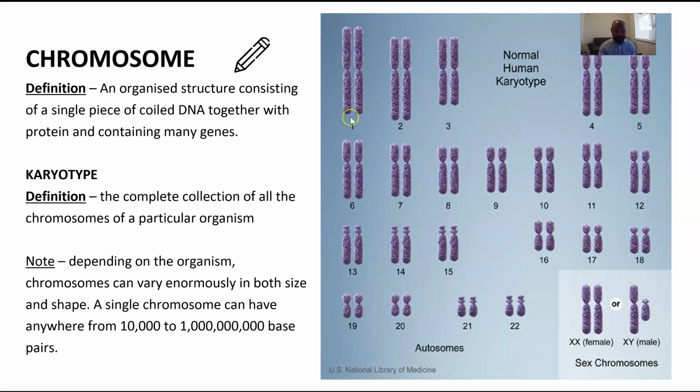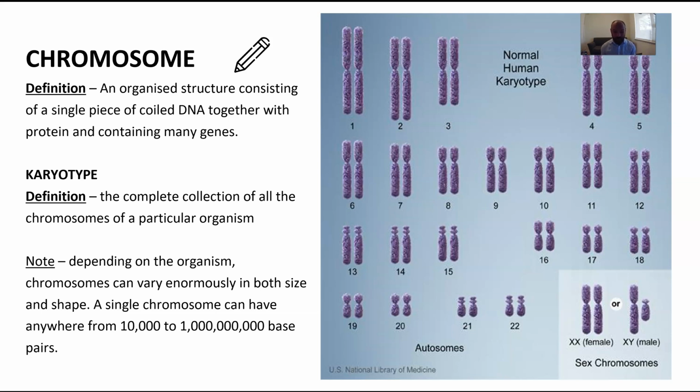And humans have pairs of each chromosome. So we get one chromosome from mum and one chromosome from dad. So in our human genome, we have 23 pairs of chromosomes, including our sex chromosomes down here. Now, when you see the whole genome represented like this for any organism, we call that the karyotype.